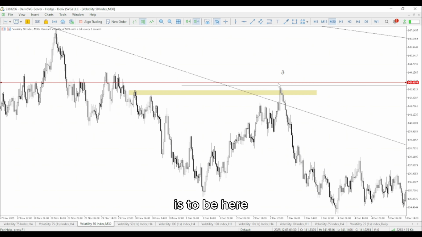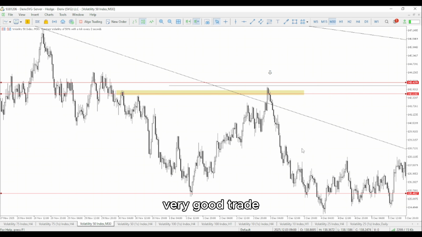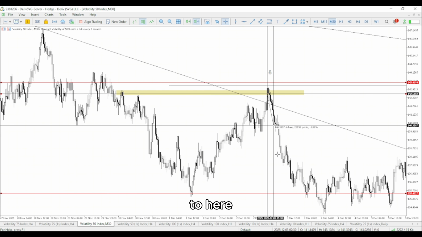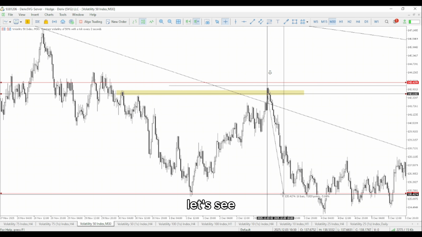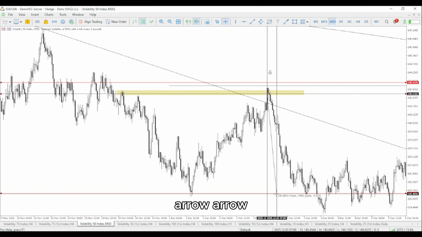So if your SL is here and your entry is here and your take profit is here, which is the support level, it's a very, very good trade for you as a trader. If you measure from here to here, let's see how many RR you can get.